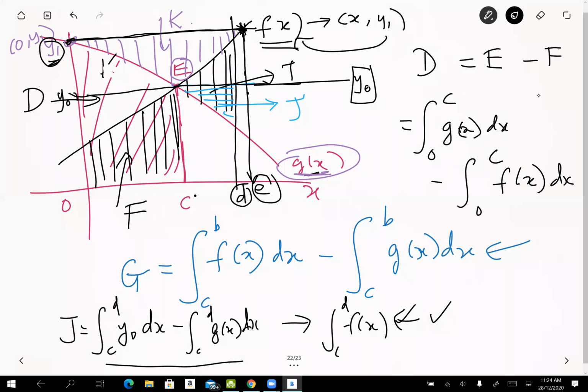What else do you need? What point? Y0. You need the point here. Actually, I don't think you need Y0. What you need is C. That one you already have. If you don't have it, that means you need to find it out.